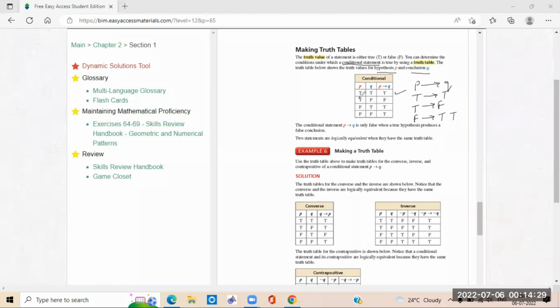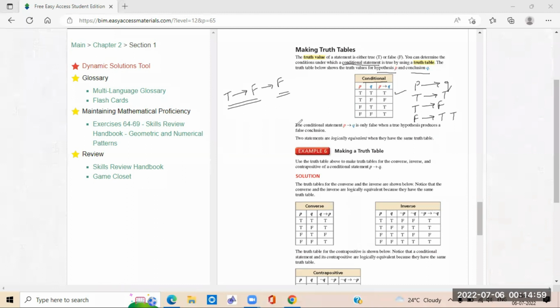So here we can see for the conditional statement that only true implies false is going to be false. Otherwise, all are true. True implies true is true. Then we have false implies true is also true. False implies false is also true. But true implies false is going to be false for the conditional statement.